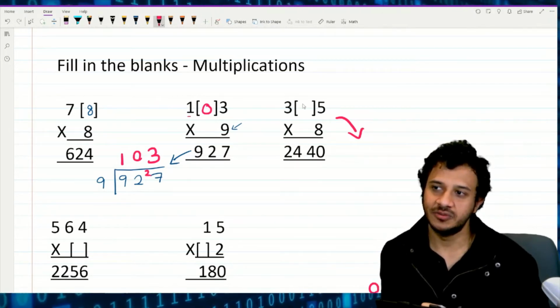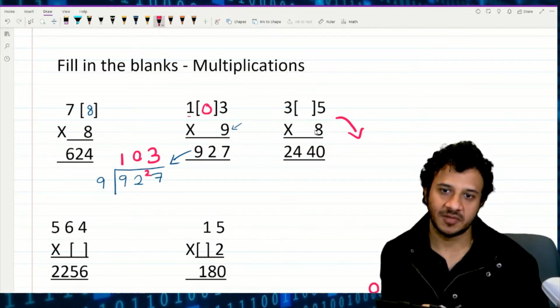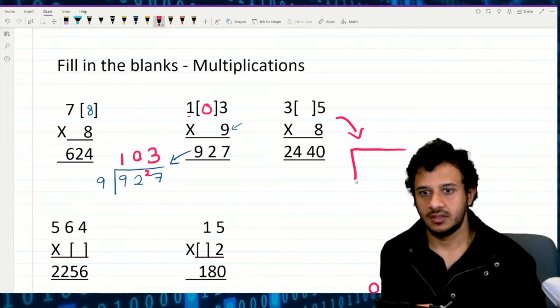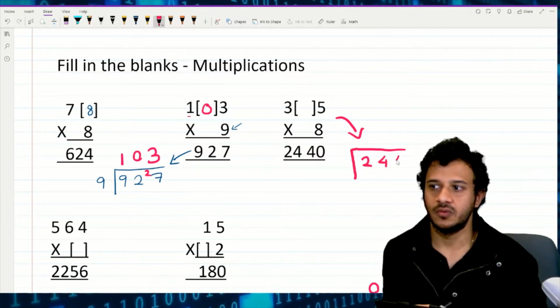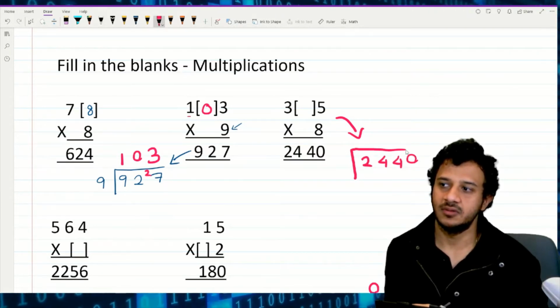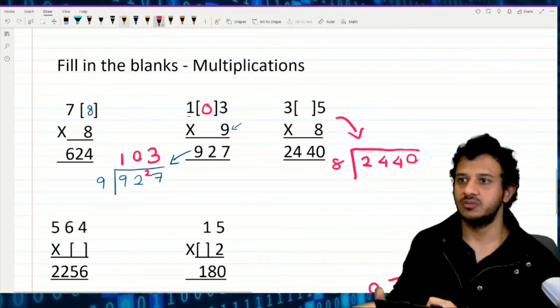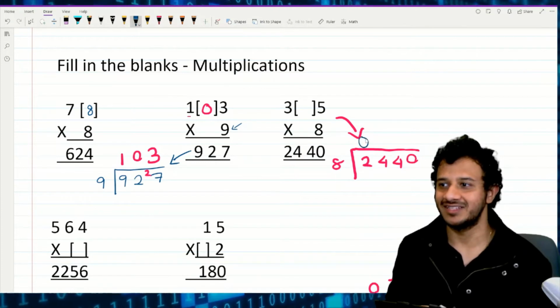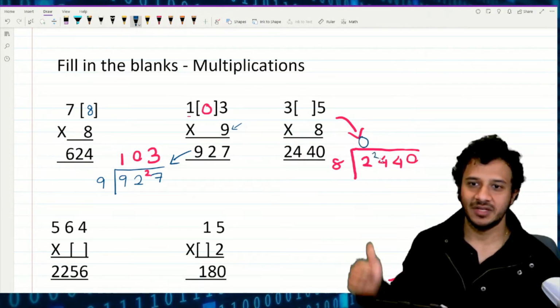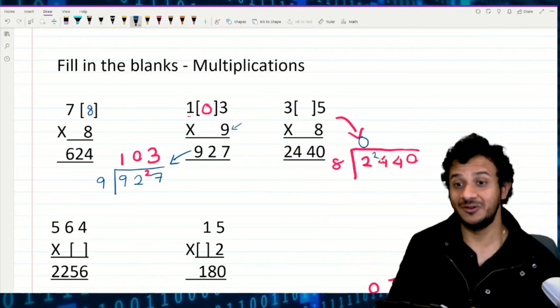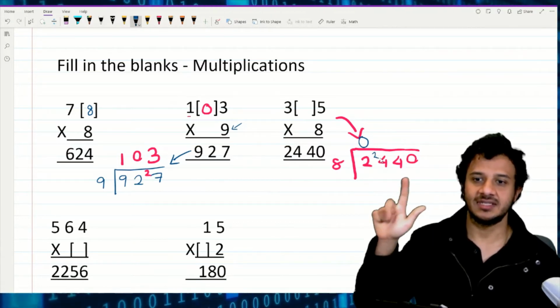Alright, so let's do this one. What should I do to get the number up here? The bottom number divided by the second number. 2440 divided by 8. How many 8s can go into 2? Obviously nothing. That's a 0, left over 2. 2 goes to the neighbor. Now it's 24. How many 8s can go into 24? 8, 16, 24.